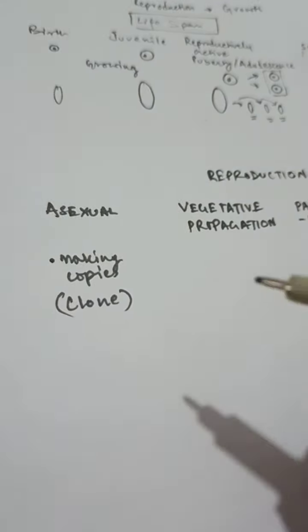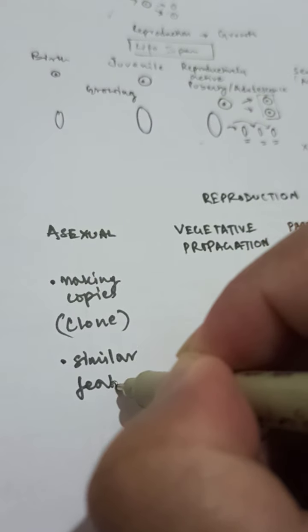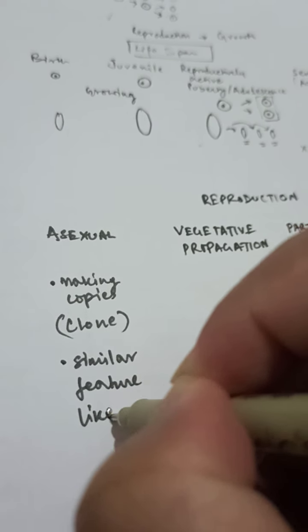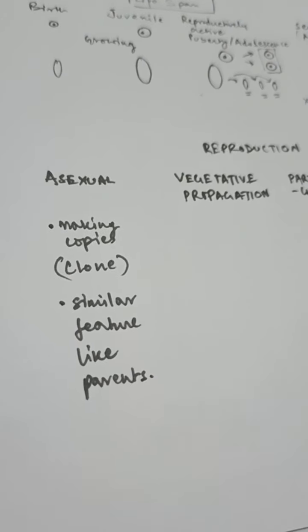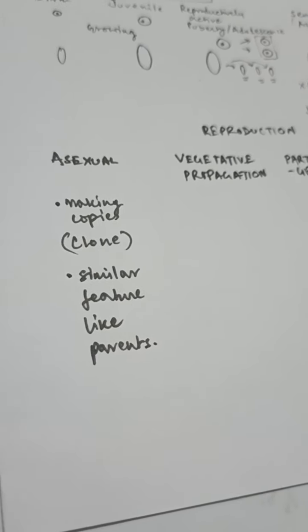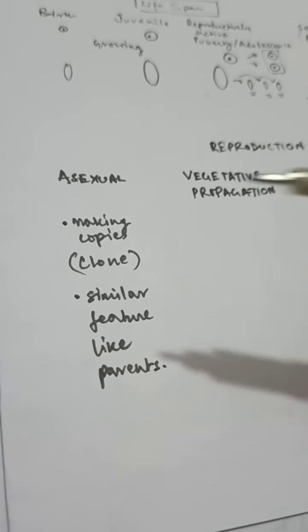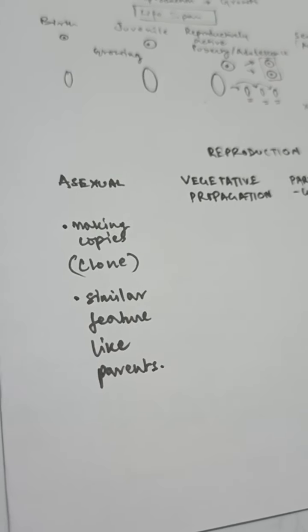Okay, so we can write similar features like parents. It's actually nearly exactly similar features. So that will be the type of asexual reproduction that we talk about.